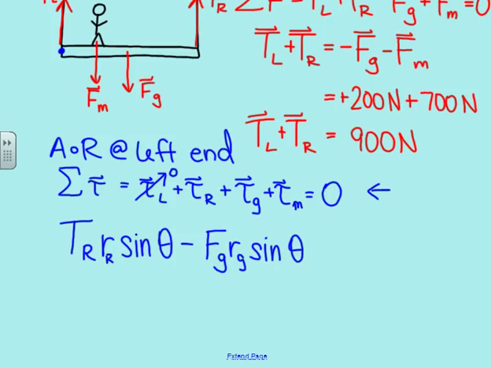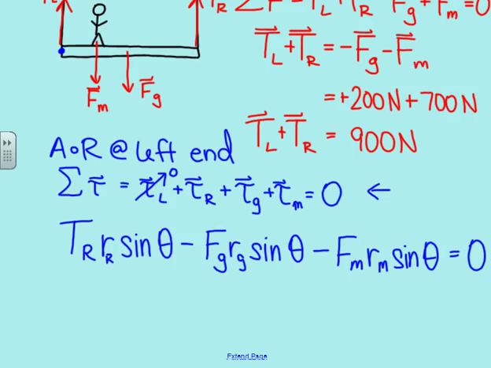Similarly, for the force from the man, it's pointed downward, and it will also cause a clockwise torque. So I subtract that as well. All these things added and subtracted equals 0.